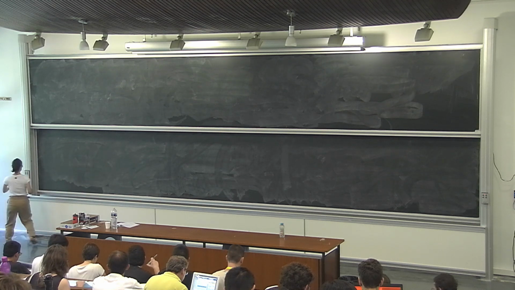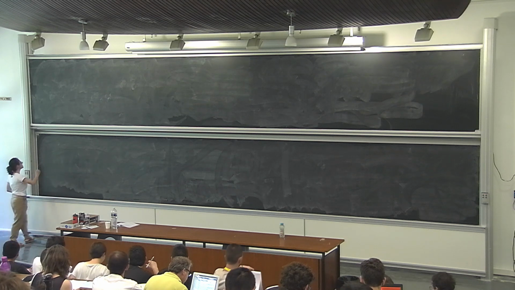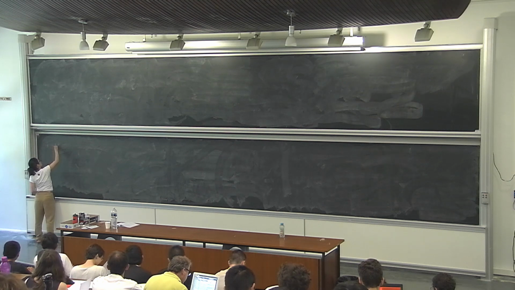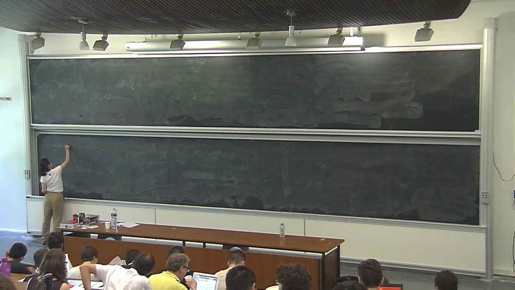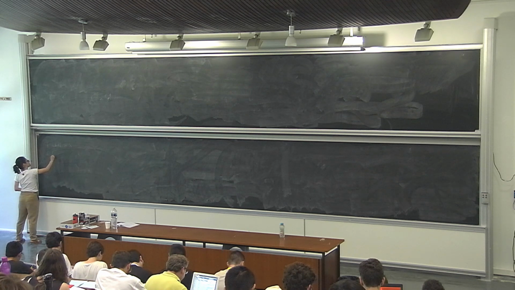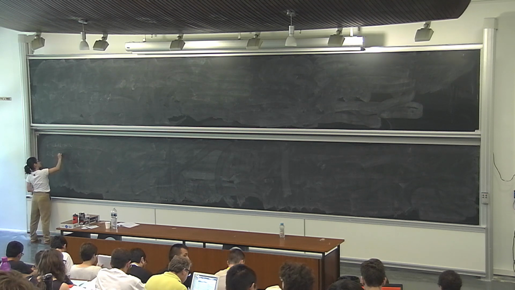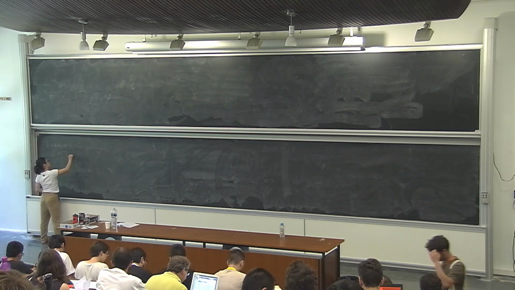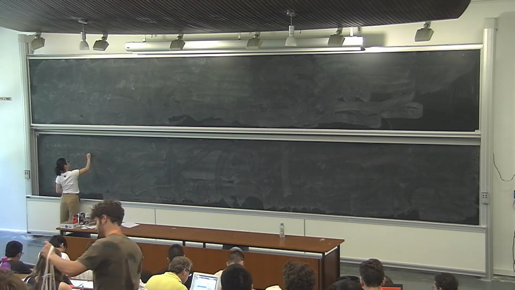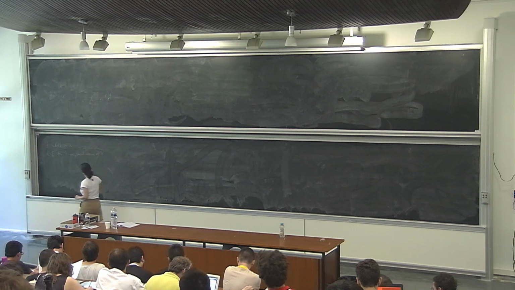So yesterday we introduced a couple of tools, and today we're going to get to business, and we will assume that F is reduced on a surface X. And the first definition I will give you is that of an F-exceptional curve on X. So what is an F-exceptional curve on X?